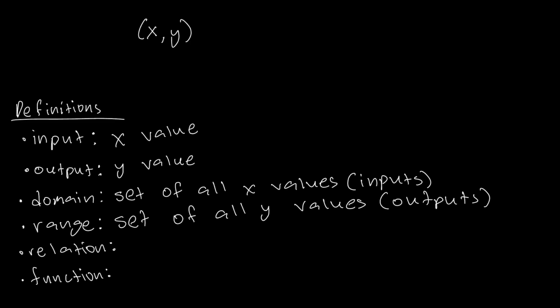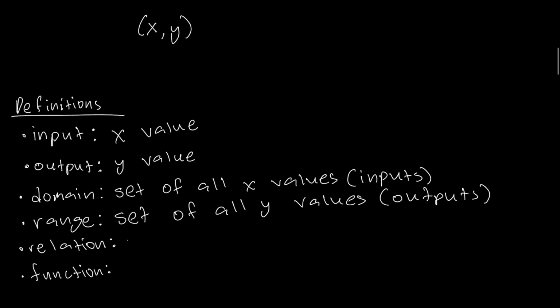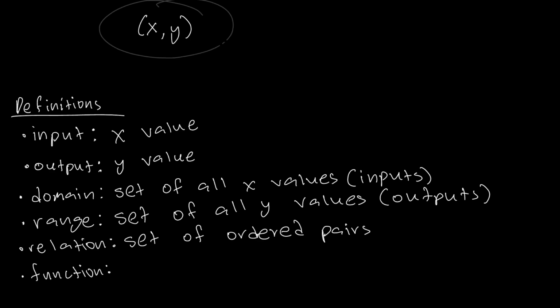And then here's the main question, which we'll continue to answer throughout the rest of this video. Relation and function. So a relation is just a set of ordered pairs. In case you aren't sure what an ordered pair is, it's just an x, or basically an input, and an output combined together.